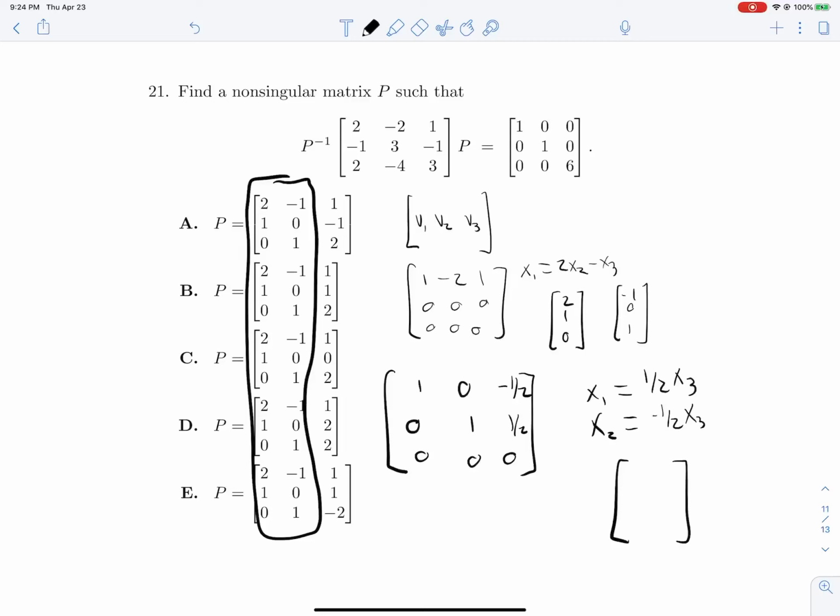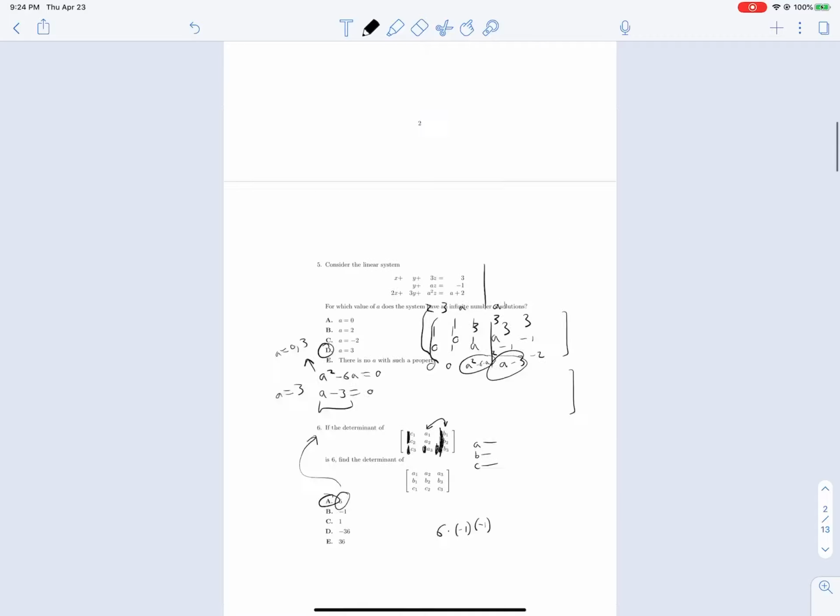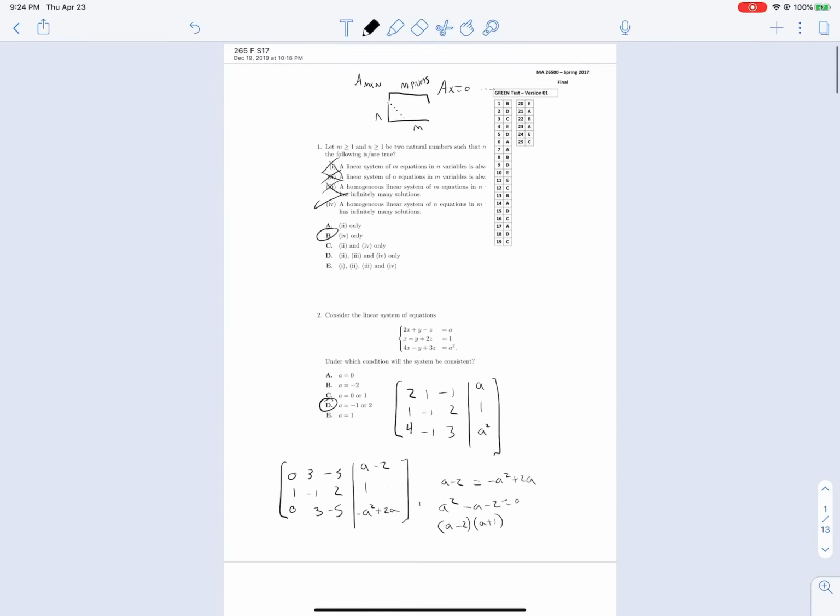So we can make an eigenvector 1/2, -1/2, 1, otherwise known as 1, -1, 2, just to make our lives a little bit easier. And that third vector only appears in option A, so 21 is A.